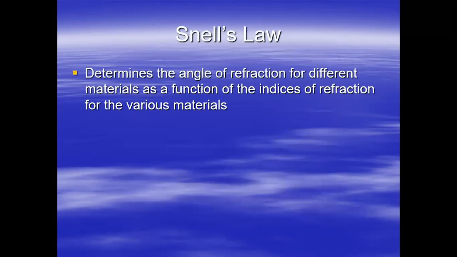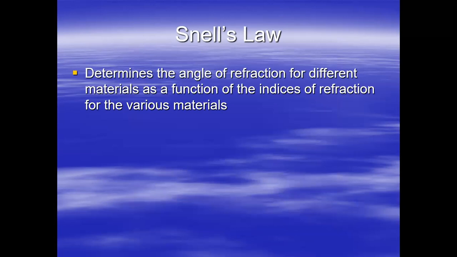Now, the way we calculate how much this happens is we use something called Snell's law, and Snell's law determines the angle of refraction for different materials. It's because the energy has to stay constant. When you travel into a new material, you can't create or destroy energy. Energy has to be conserved. So what ends up happening is the energy or the frequency will stay constant because that's what we use to determine the energy.